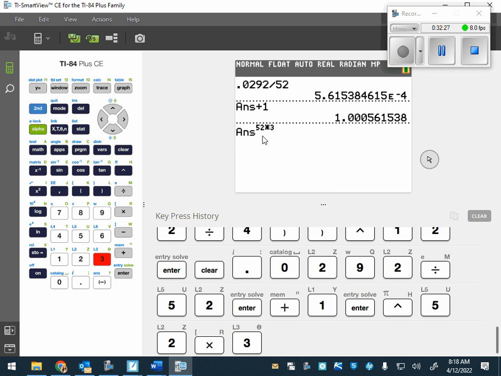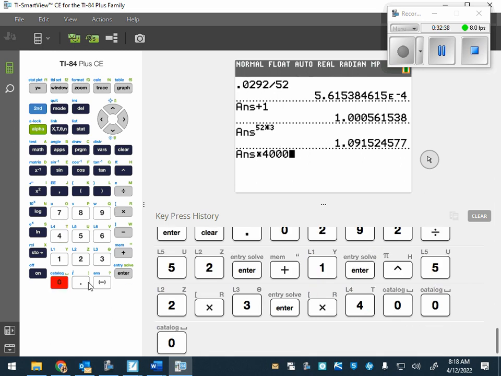If you do, you're going to need parentheses around 52 times 3, just so you know. Then times 4,000. So we have $4,366.10.